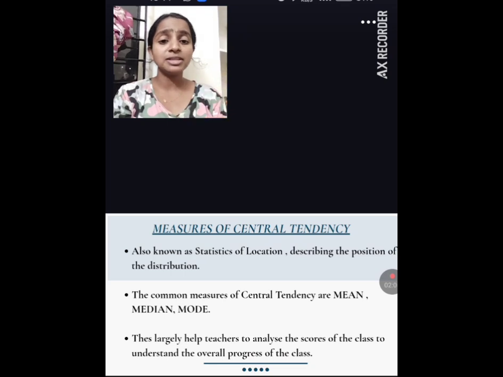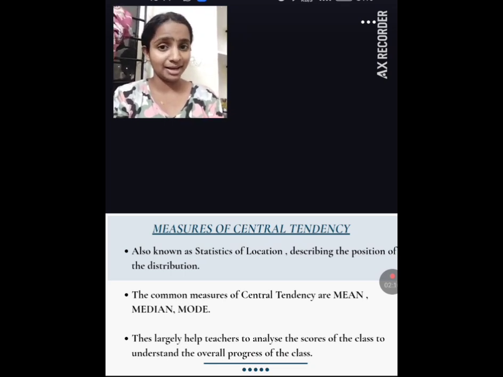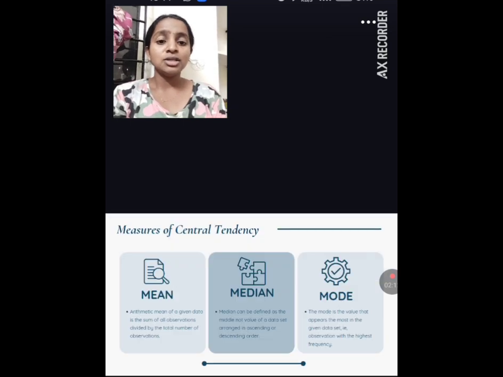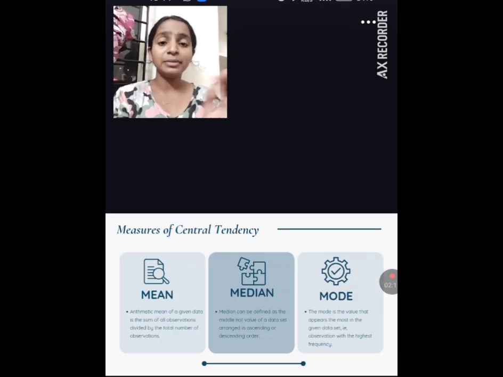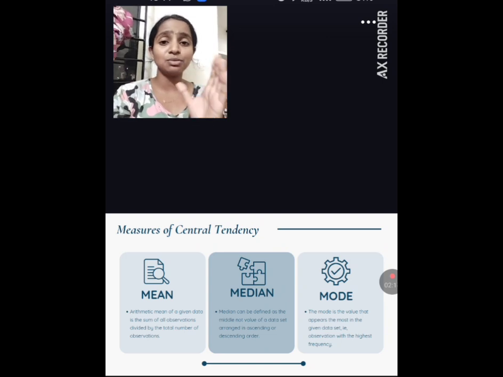First let us discuss these three things in a very brief, simple manner. The first is mean. Mean is also known as the average. It gives us the average value of a given data set. It is basically the sum of all the observations in a data set divided by the total number of observations. Next is median.